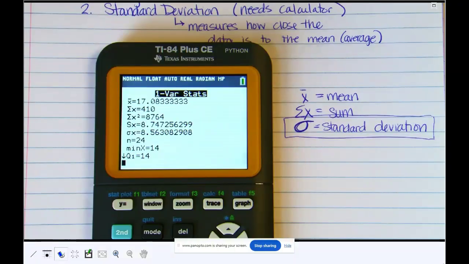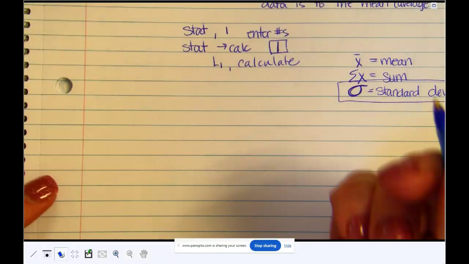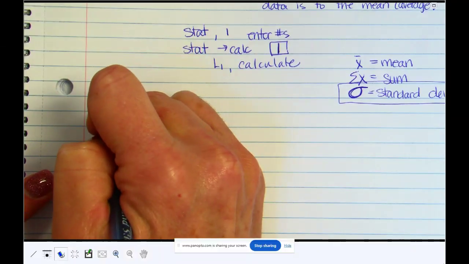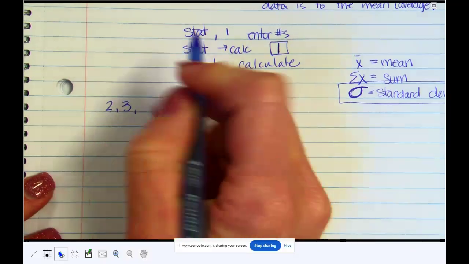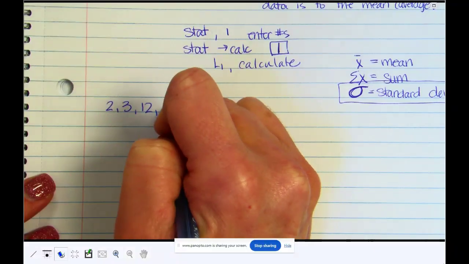Here's what I want you to do. I'm going to give you the numbers in order.